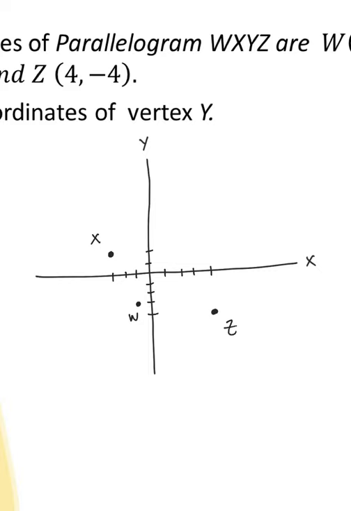Okay. W, X, Y, Z. W and X are next to each other. Z is also next to W. So Y is going to lie.